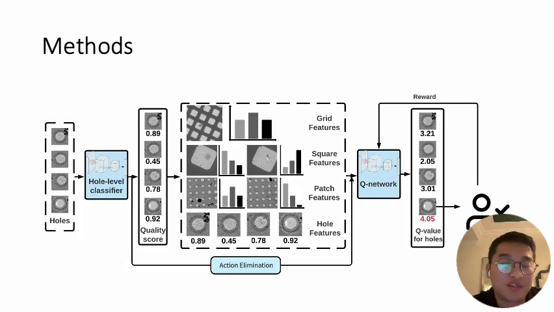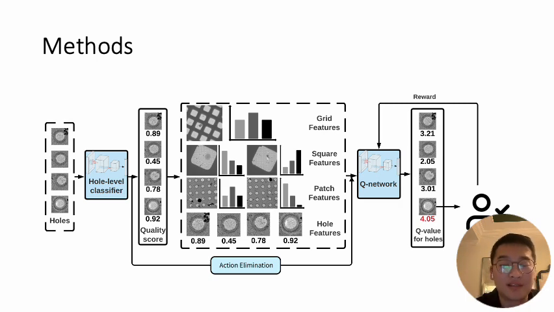The proposed approach could be summarized in the following figure. For each hole, first we run an image classification model to predict the quality of this hole, and then combined with the summary statistics of the grid, square, patch, and hole level features, the reinforcement learning algorithm will do the planning on the hierarchy, given the designed reward function.